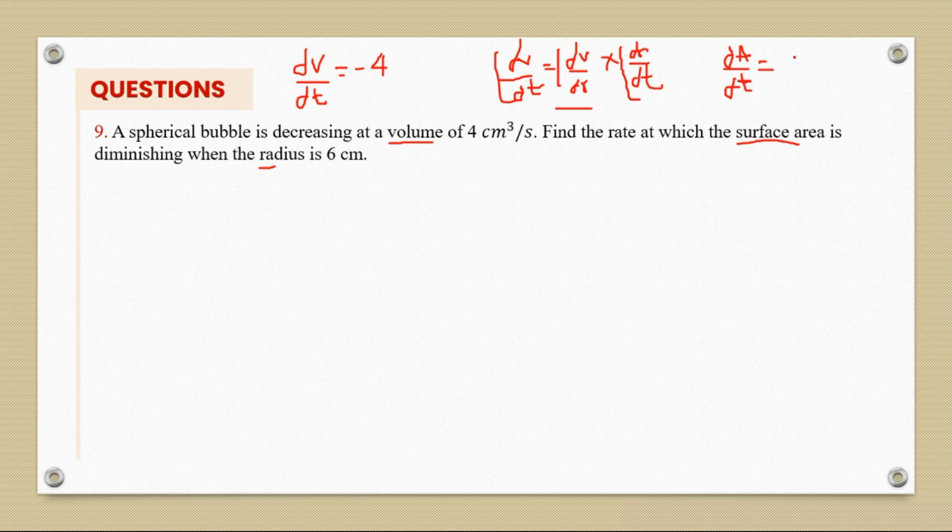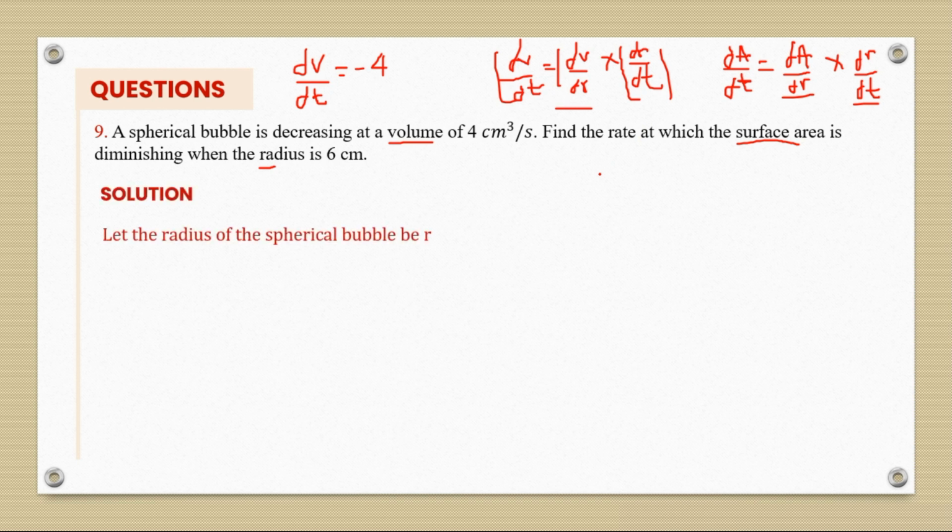So this shall be dA over dr also times dr dt. Now in this case, from the working, we shall be able to find dA dr, and then dr dt we shall find from right here. So that's how we're going to solve this question. So it's actually a unique one where we have to compare volume and surface area.